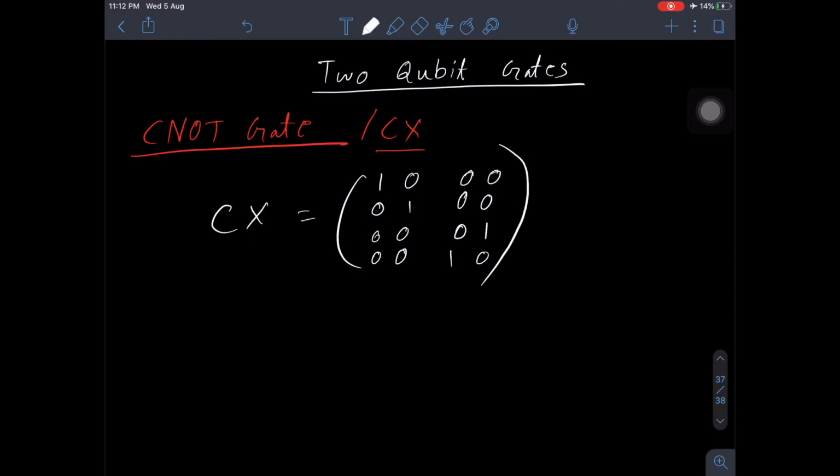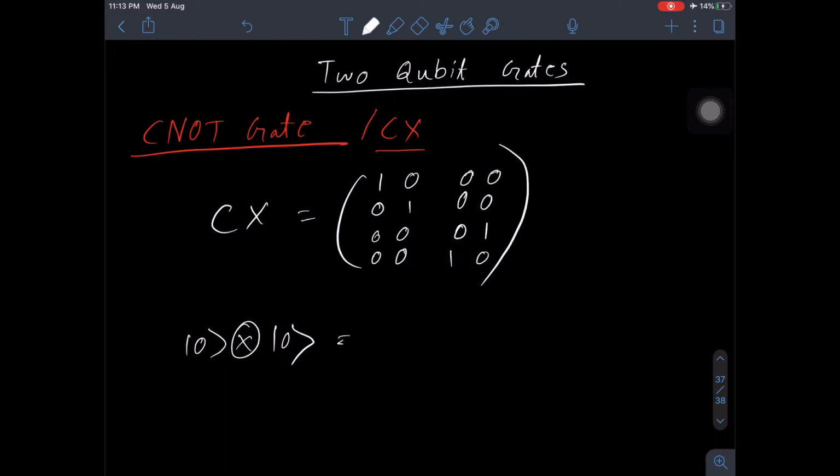So what does it do? You can check the following property. Let's say I have a state |00>. What is the matrix representation of this?